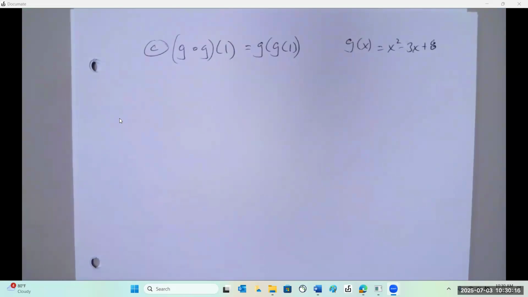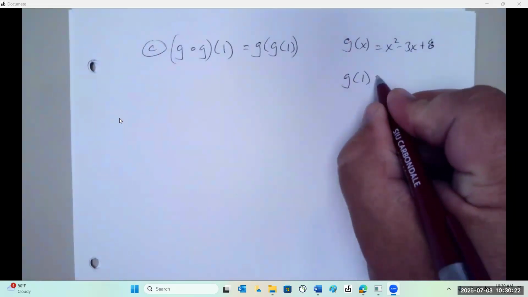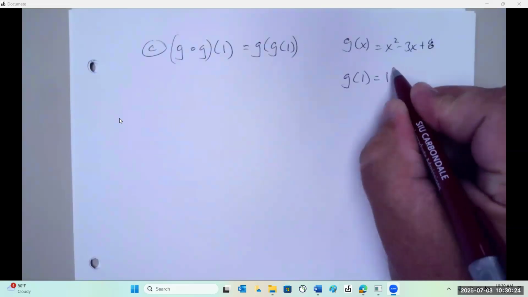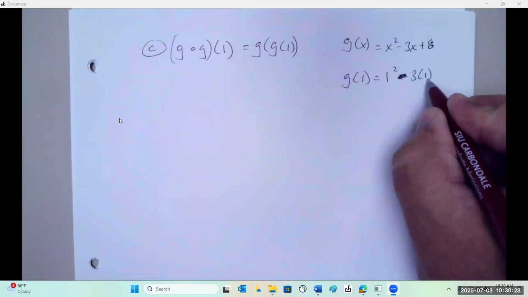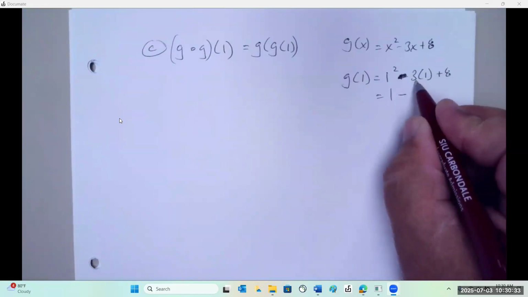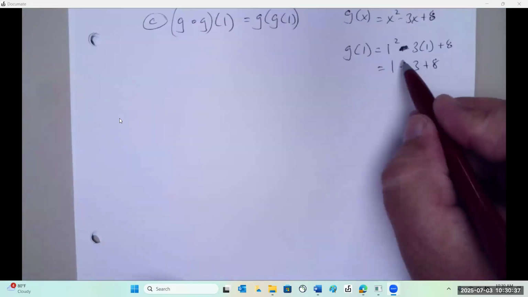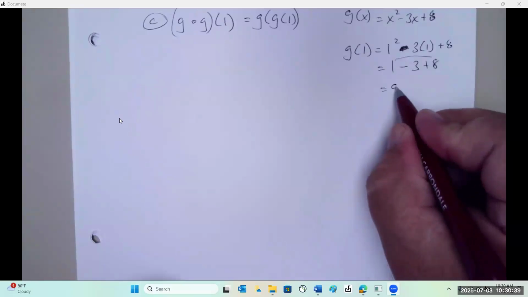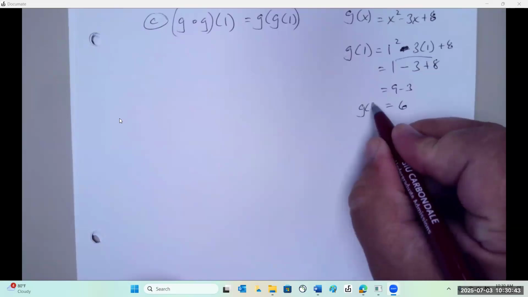So what are we going to do first? Find g of 1. So anywhere I see an x, I put in 1. 1 squared is 1, minus 3 times 1 is 3, plus 8. 1 plus 8 is 9, minus 3 is 6. So g of 1 is 6.